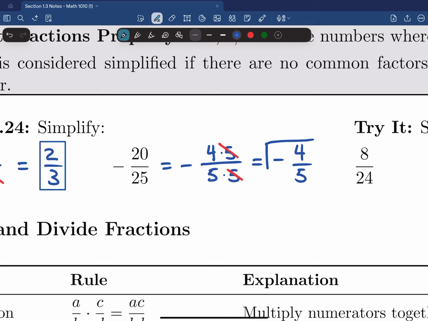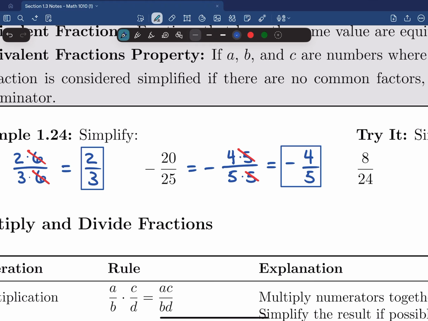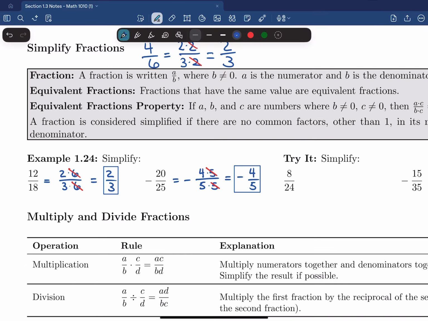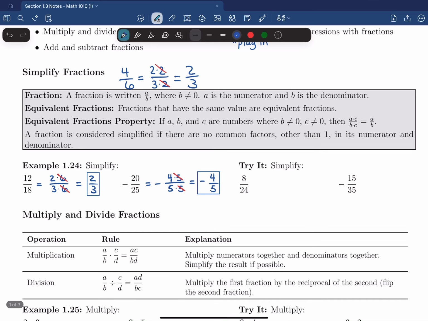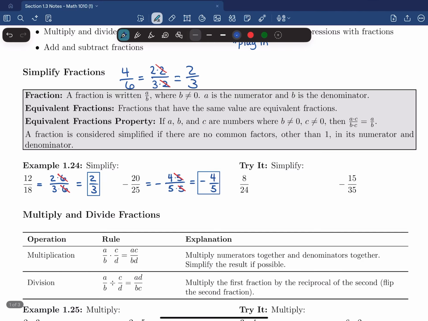And my equivalent fraction is negative 4/5. Whenever I complete an example in our lesson, there is a try it on the right-hand side. You can pause the video and you can try any example throughout the lesson.